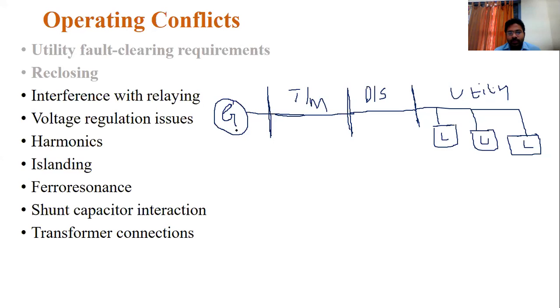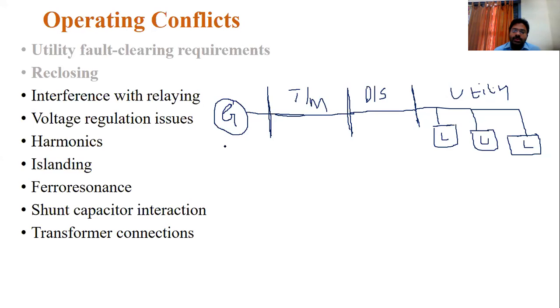It depends upon the equipment security as well as the equipment characteristics and all other things. We are going to employ different protective schemes for the different sections in the power system.